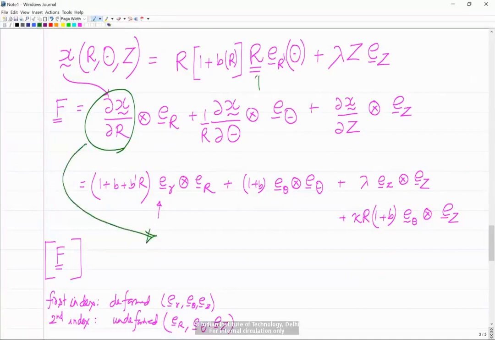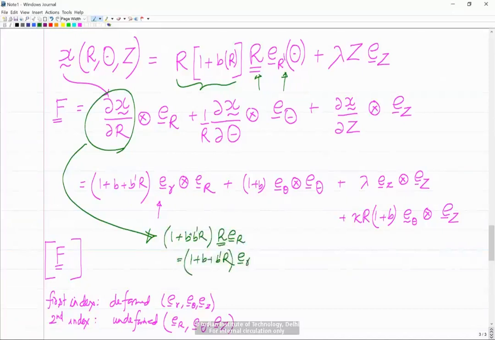This rotation tensor is not a function of big R, it's only a function of kappa Z. Similarly, this E big R is only a function of big theta, so they are going to act as a constant. So you only have to take the derivative of this quantity, which will give you 1 plus b prime R into big R E big R, which is same as 1 plus b prime R into E small r. And that's what I wrote here. Okay?